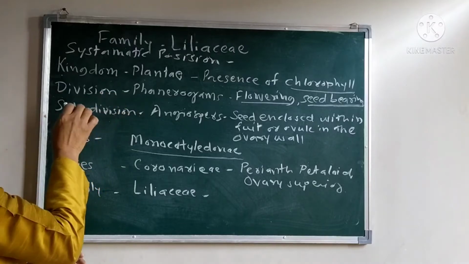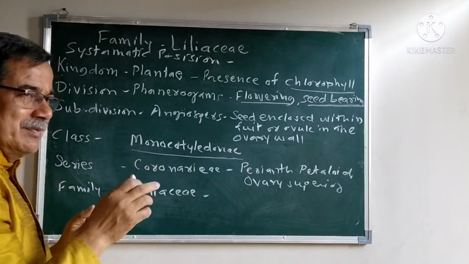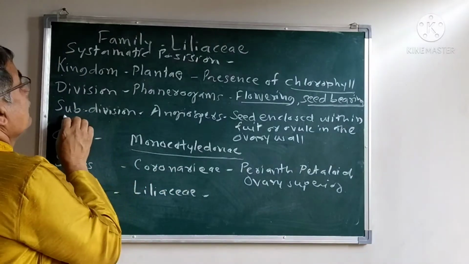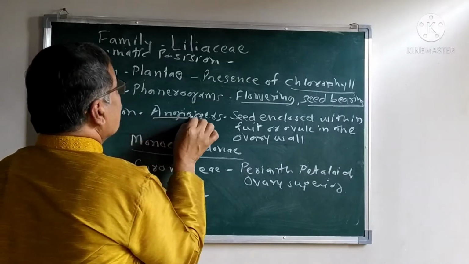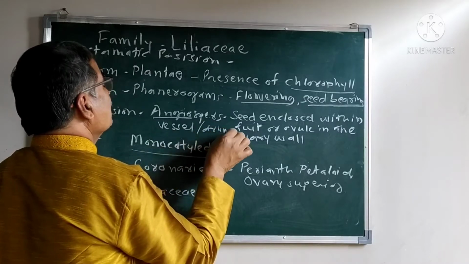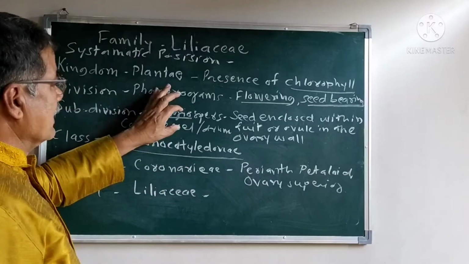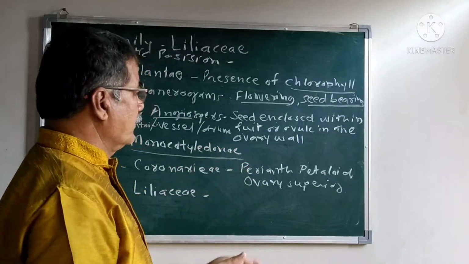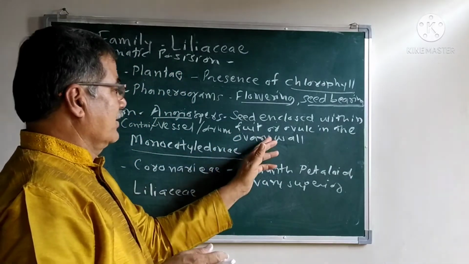The division is further divided into two subdivisions, gymnospermy and angiospermy. In gymnospermy, ovules are naked, there is no ovary wall. But here, in the subdivision angiospermy, angion means vessel, or a container. It means seeds are enclosed within a fruit, or ovules are within the ovary wall.